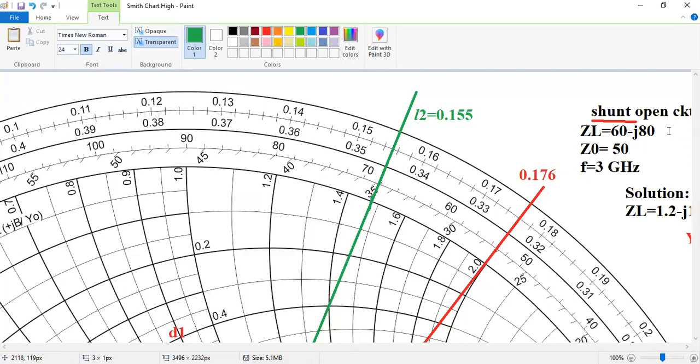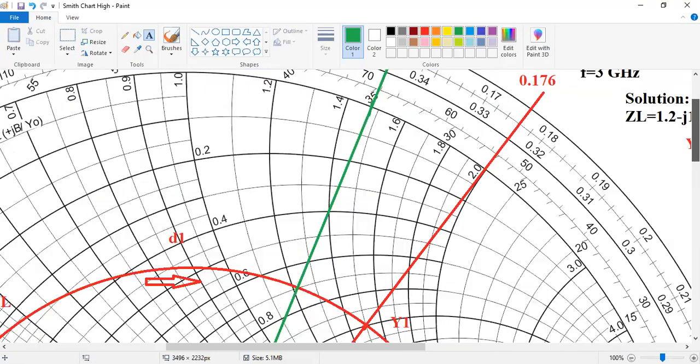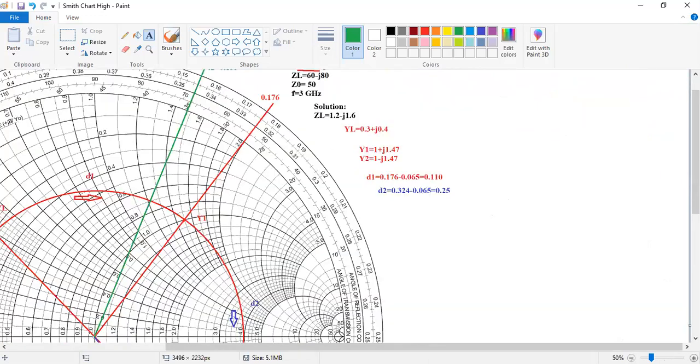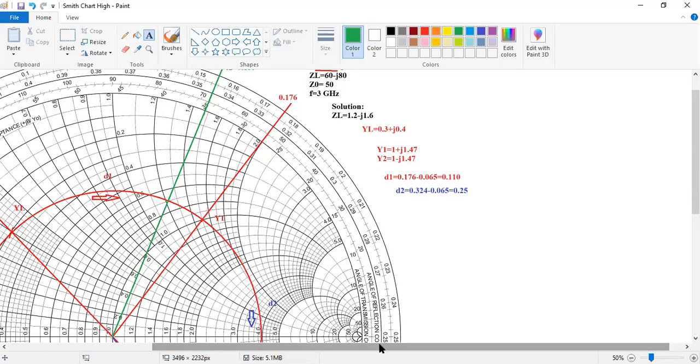It is mentioned here. So for the open circuited stub, the value of Z for open circuit equals 0 or infinity.